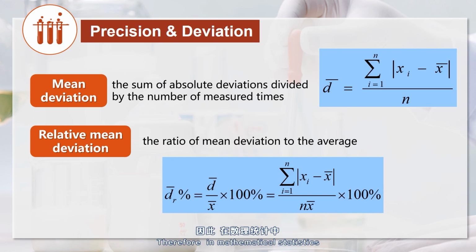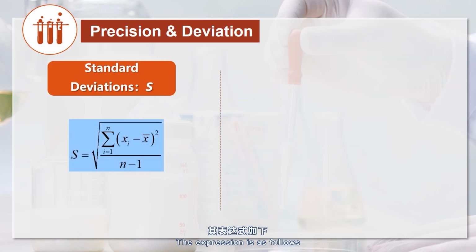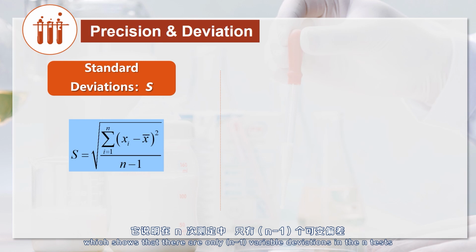Therefore, in mathematical statistics, standard deviations are usually used to express precision. The expression is as follows. In the formula, n-1 is a degree of freedom, which shows that there are only n-1 variable deviations in the n test.